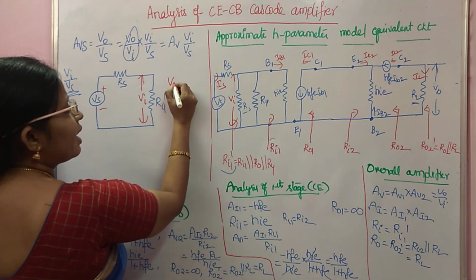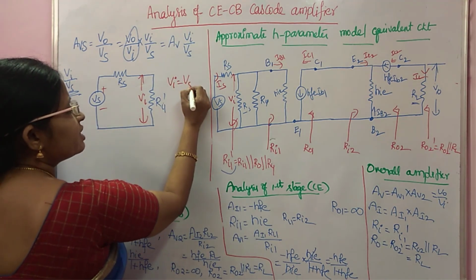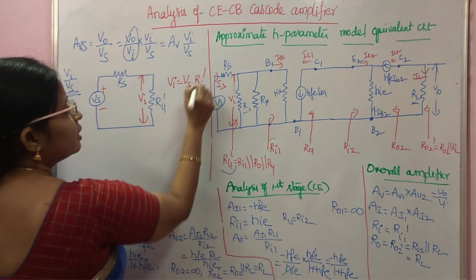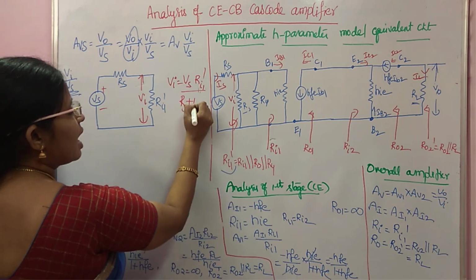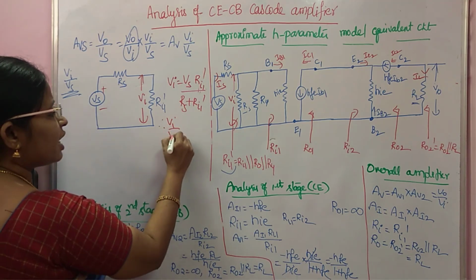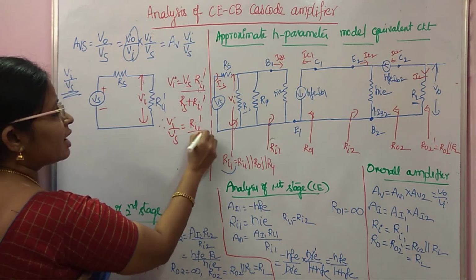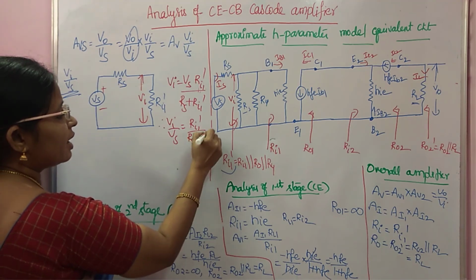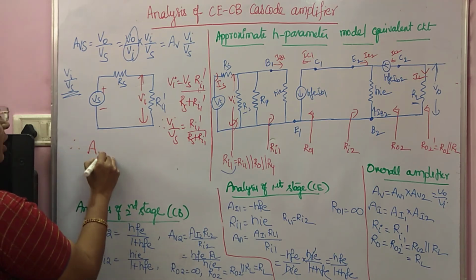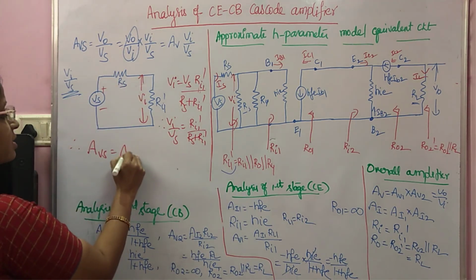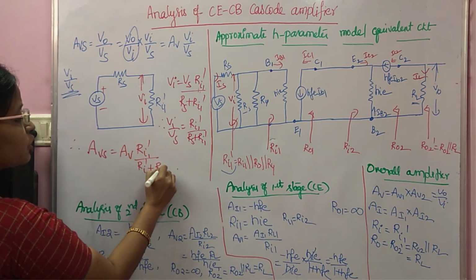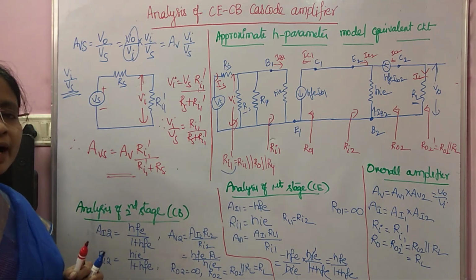You can write Vi as the total voltage Vs into that particular resistance Ri1 dash divided by the total resistance Rs plus Ri1 dash. Therefore Vi by Vs is Ri1 dash by Rs plus Ri1 dash. Totally, AVS is AV into Ri1 dash by Ri1 dash plus Rs. Now we'll find AIS.